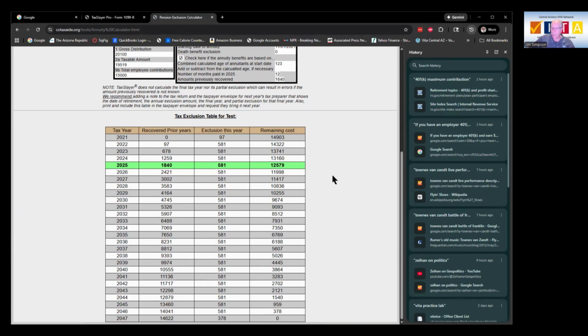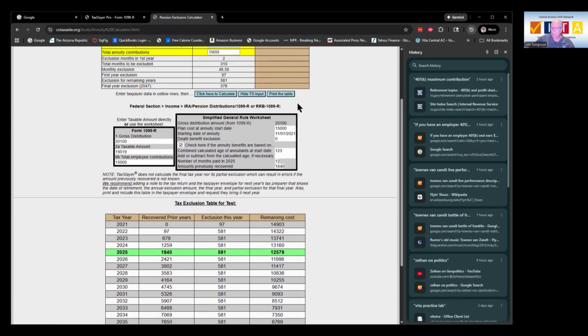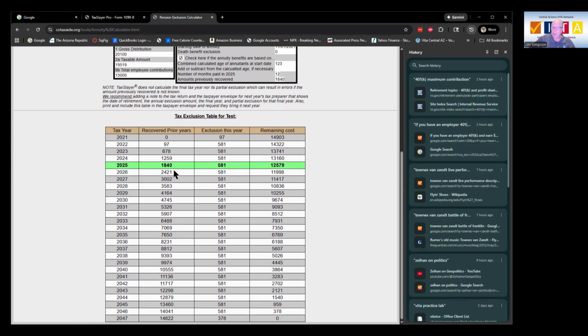So what we do here is print this table out. You can say print the table. We put this in their envelope with their return, so that when they come back next year, we say bring this back. Then next year, all we have to do is take their distribution, 20,100, subtract 581 from it, and put that in the taxable amount in the TaxSlayer input screen for the 1099-R.